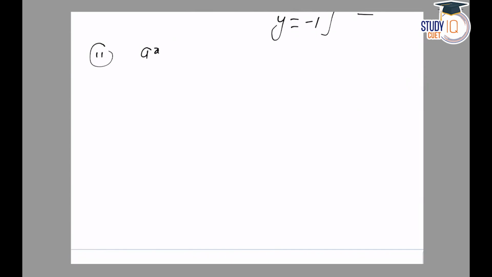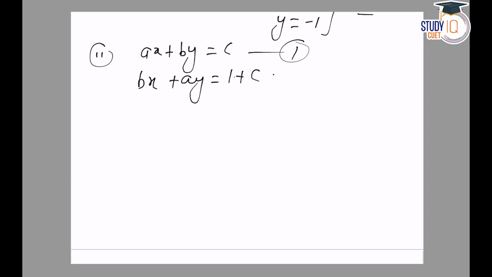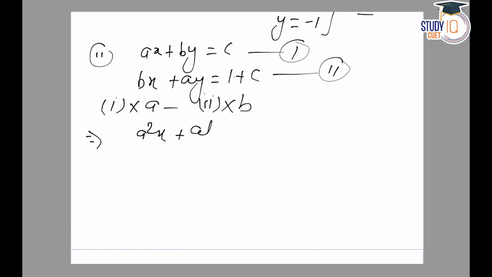Next is the second part. First equation is ax plus by equals c, and second equation is bx plus ay equals 1 plus c. That is equation 2. Now use the elimination method. So 1 into a minus 2 into b. We get a square x plus aby equals ca, and from the second equation b square x minus aby equals b plus bc.